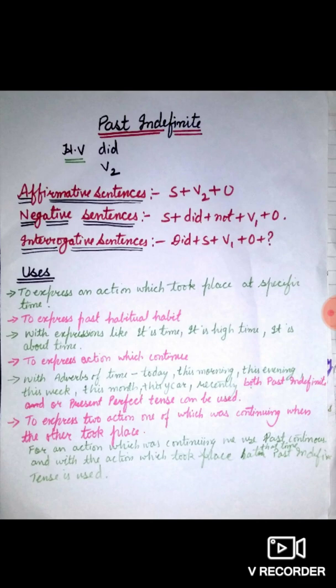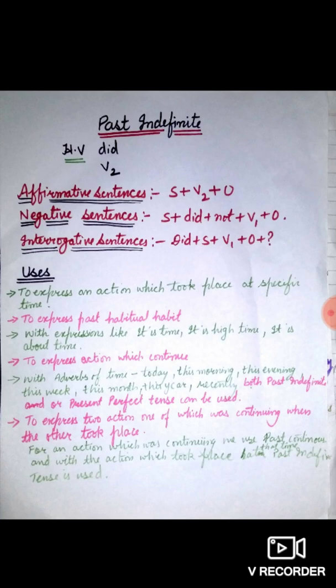Usually students think that it is past tense, so with did, second or at least third form of verb is used, which is generally a mistake committed by students. But students, you have to keep this in mind that with did, only the first form of verb is used. In interrogative, did plus subject plus V1 plus object plus question mark.